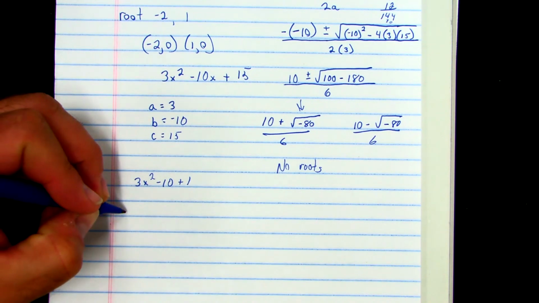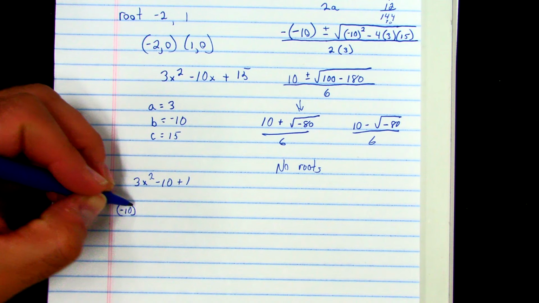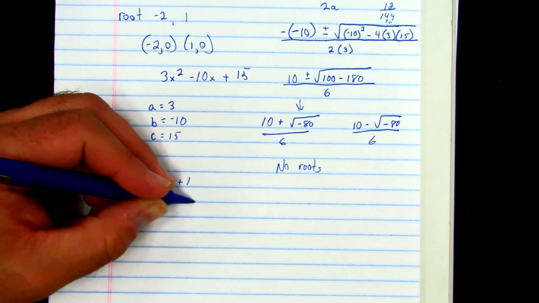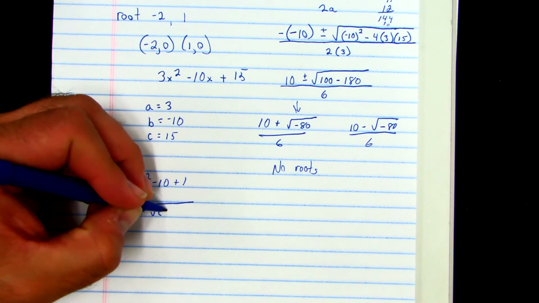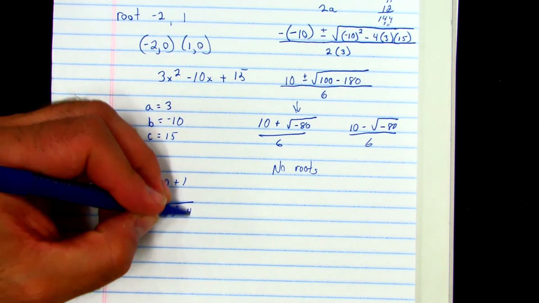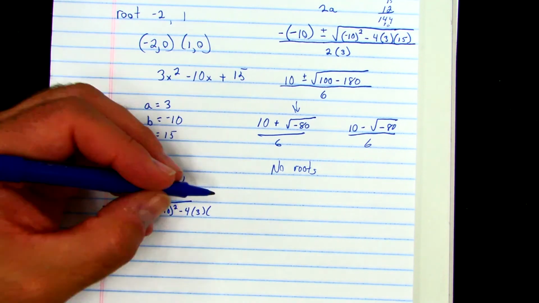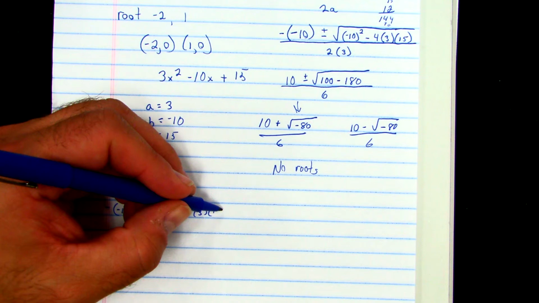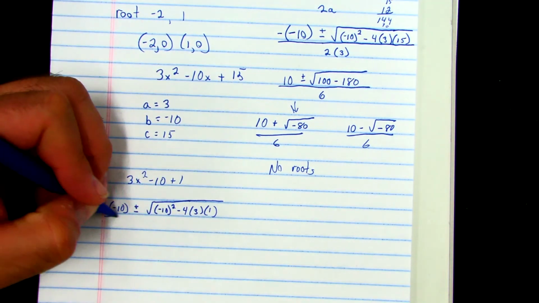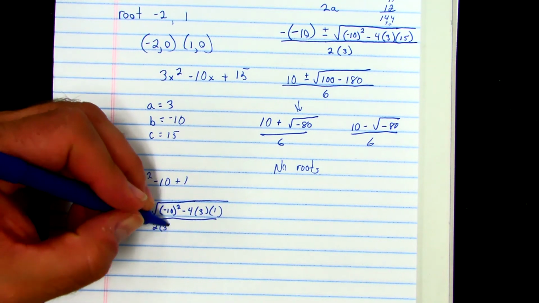It would be the opposite of negative 10, plus or minus the square root of negative 10 squared, minus 4 times 3 times 1, all over 2 times 3.